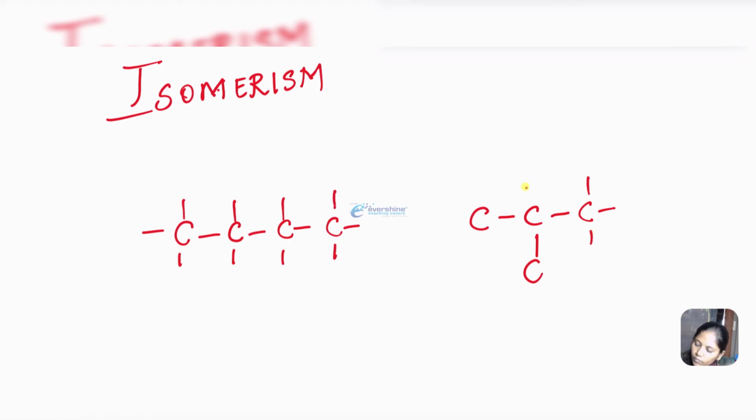Here I have written two structures. One is butane, where you have a 4 carbon straight structure. Here also you have 4 carbons but a branched structure. Both are having 4 carbons but the structure is different.